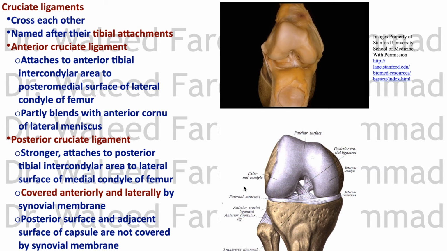The posterior cruciate ligament is covered anteriorly and laterally by the synovial membrane, and posteriorly it's not covered. The synovial membrane takes a curve around it, covering its lateral and anterior surfaces, and then the lateral surface again of the cruciate ligaments.